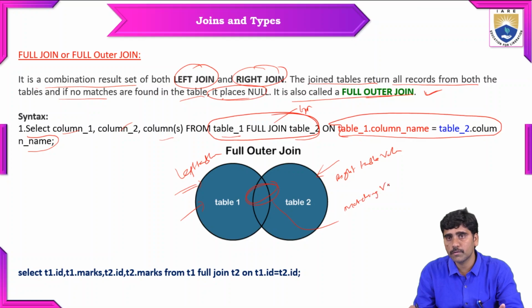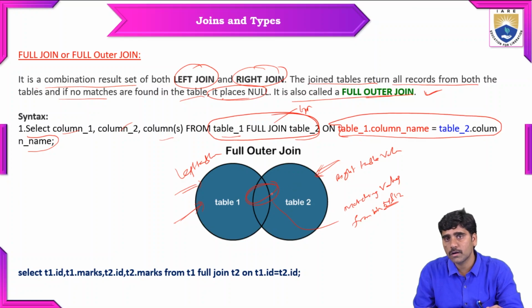Matching values from both table 1 and table 2, common values, will be displayed. So it includes left table values, right table values, and common values from both tables.